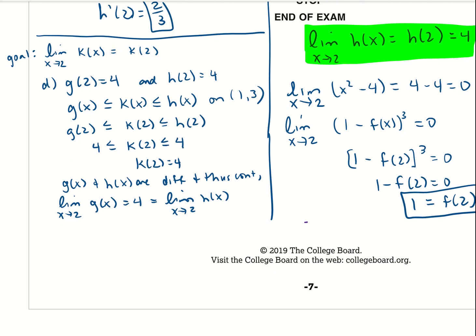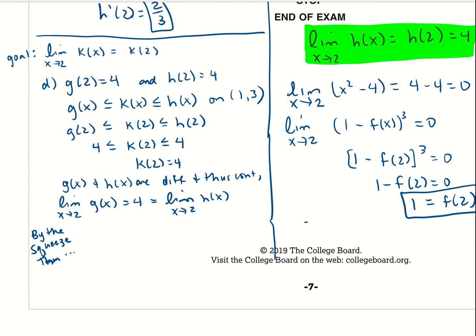Now, by the squeeze theorem, which you don't actually have to say the name of, the theorem just says if a function's between two other functions, then it's squeezed between them, and its limit must be between their limits.